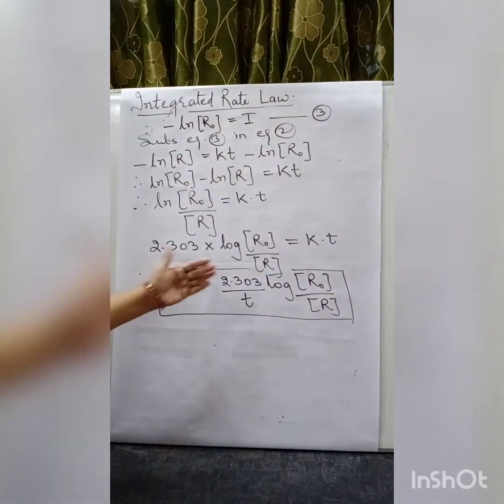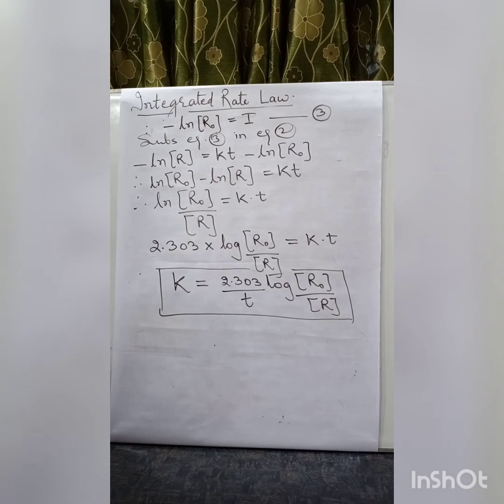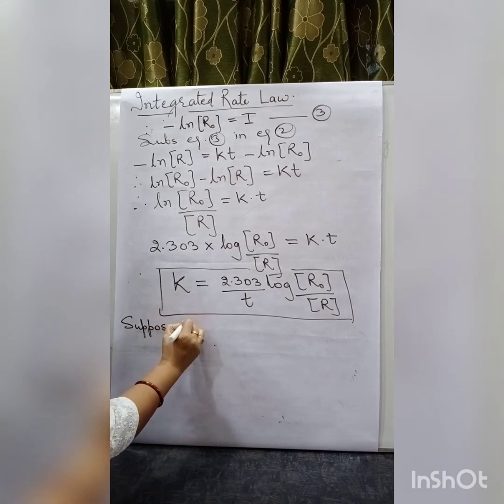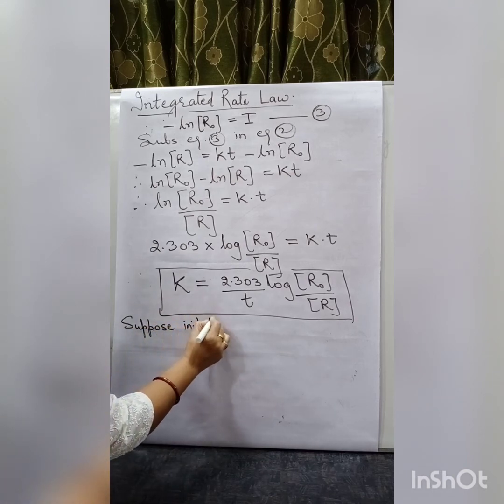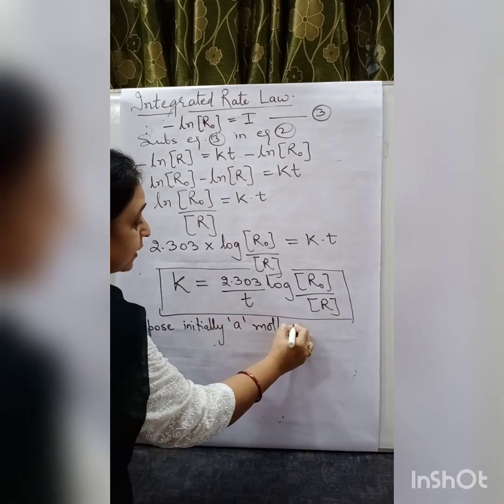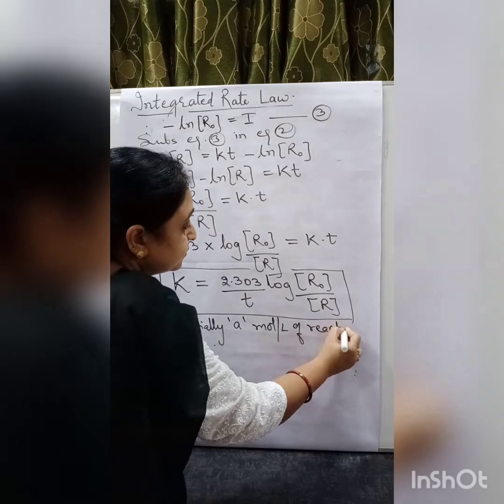Now, if I simplify this equation for numerical point of view, suppose initially we are having A moles per liter of reactant.